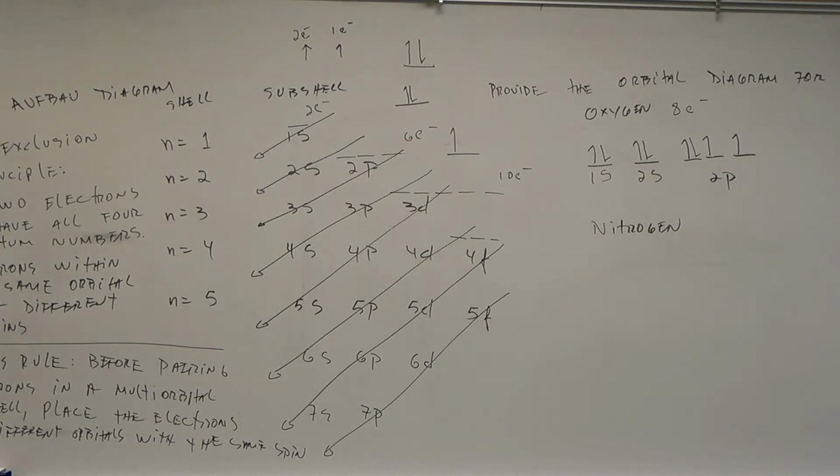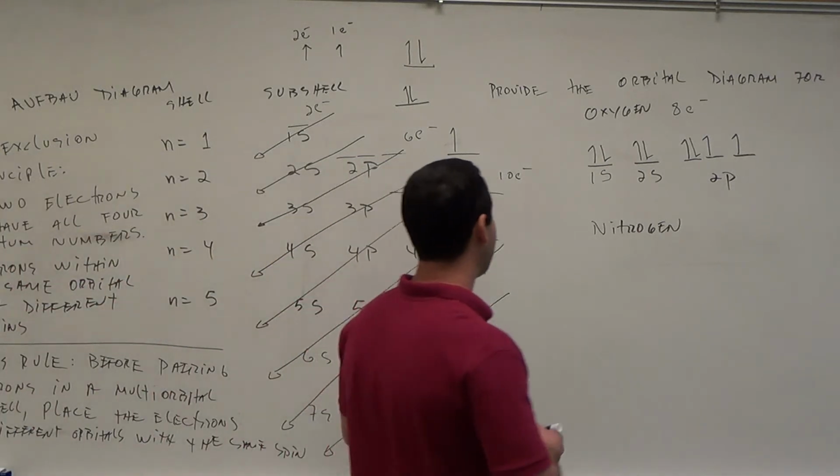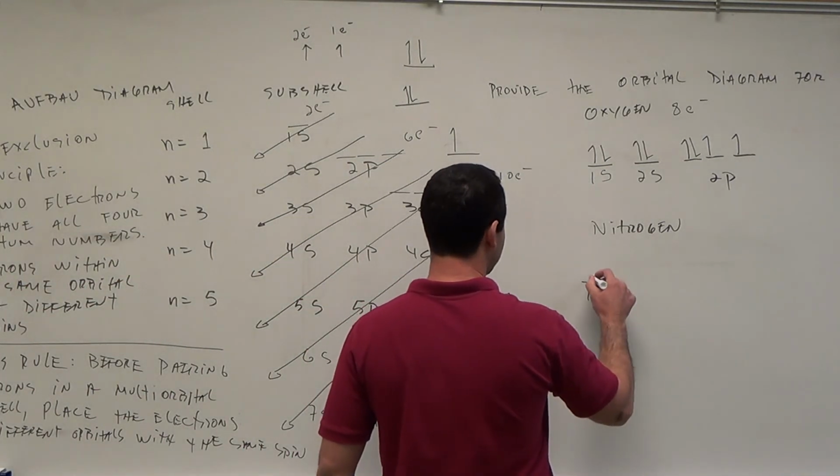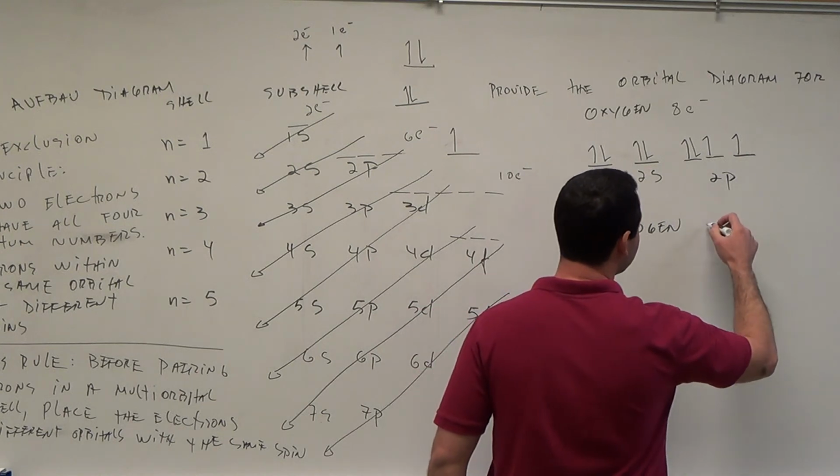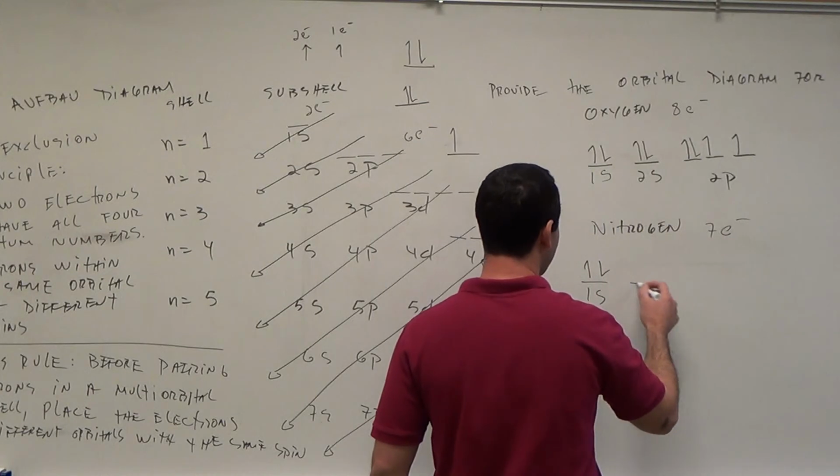Okay, what is it? 1s. How many electrons? 7. 7 electrons.